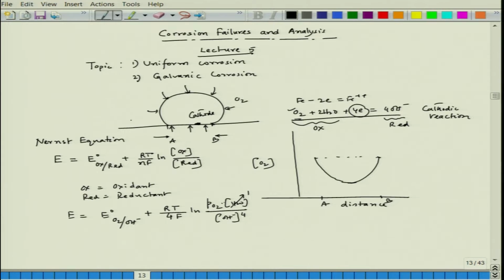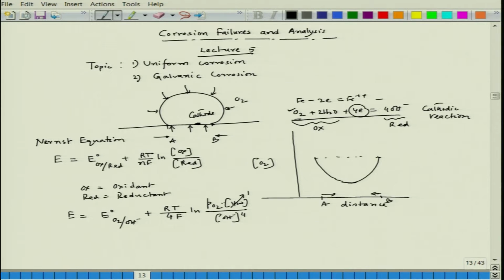So, this cathode is distributed, the anode is also distributed, because this is taking place over the entire surface in the beginning of the operation, where the oxygen content in that particular water droplet is the same everywhere. Now, because of these reactions, the oxygen content is depleting as we go inside the droplet.